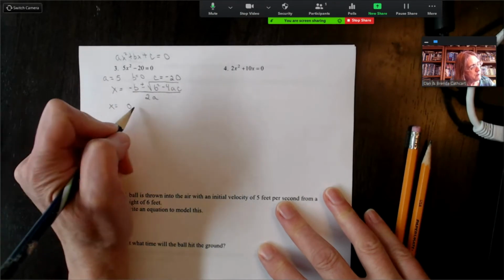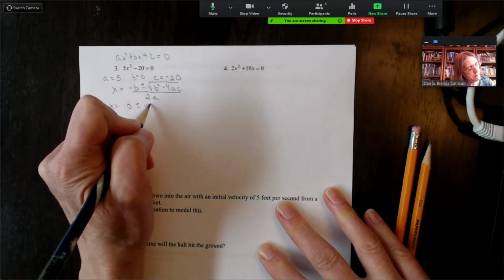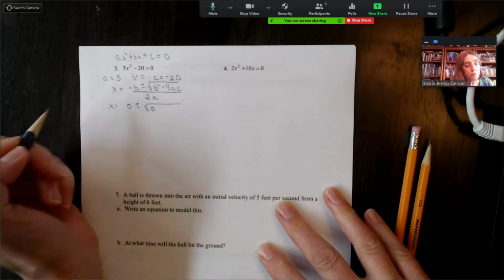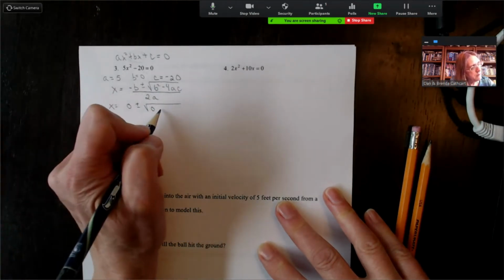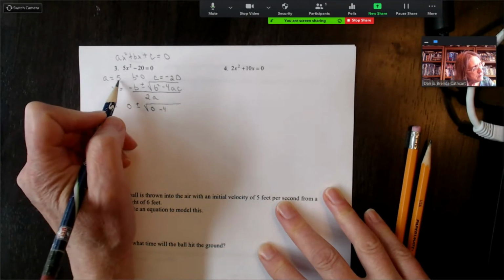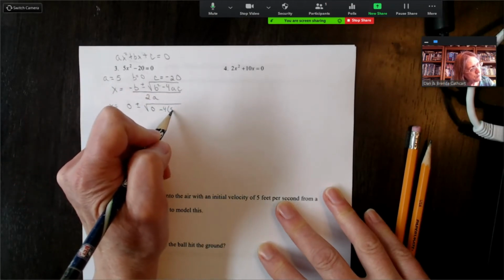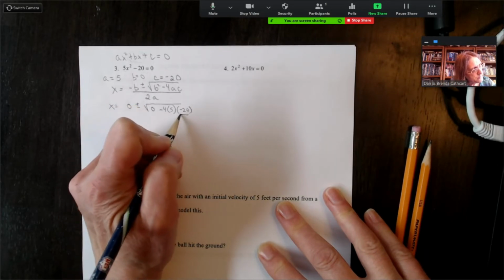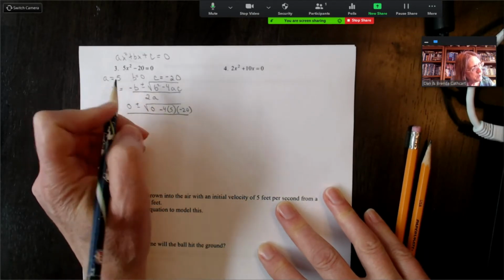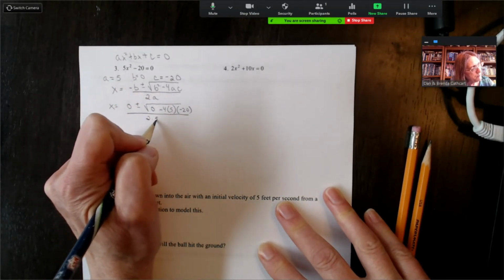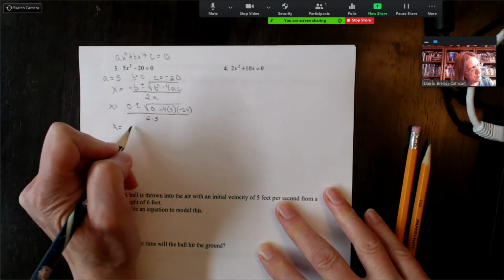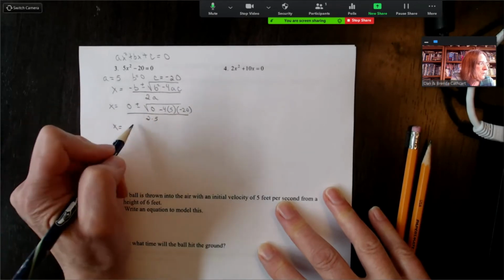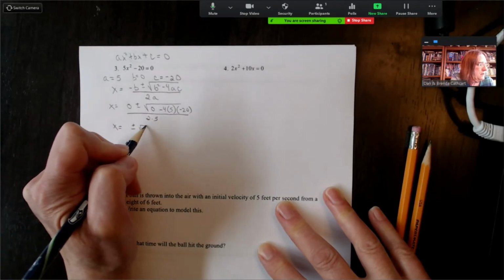So we have 0 plus or minus, under our square root, b squared, that's 0 squared, which is 0, minus 4 times our value for a, which is 5, multiplied by c, which is negative 20. All divided by 2 times a, or 2 times 5. So now that 0 is just 0, we end up with plus or minus.